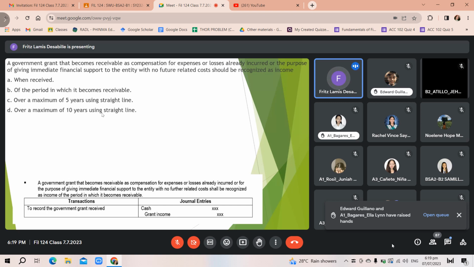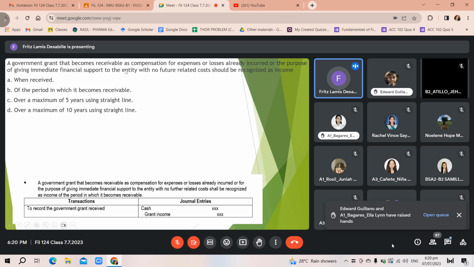So ang pag-recognize nato guys sa government grant income if the event in which the grant becomes receivable has already passed, meaning na hitabo na siya, and there is no obligation for us to do and there is no other additional conditions for us to fulfill.